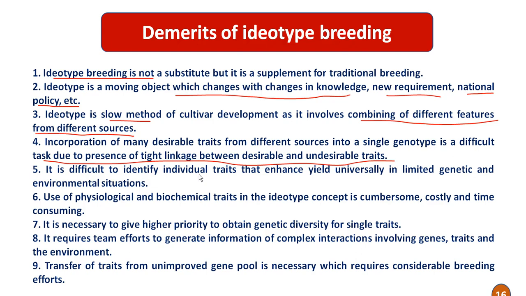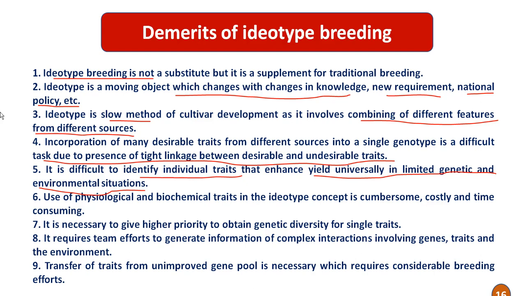It is difficult to identify individual traits that enhance yield universally in limited genetic and environmental situations. So practically it is very difficult to identify the individual trait that enhances yield in a very limited genetic stock or environmental situation. For that we have to search a large number of genotypes.